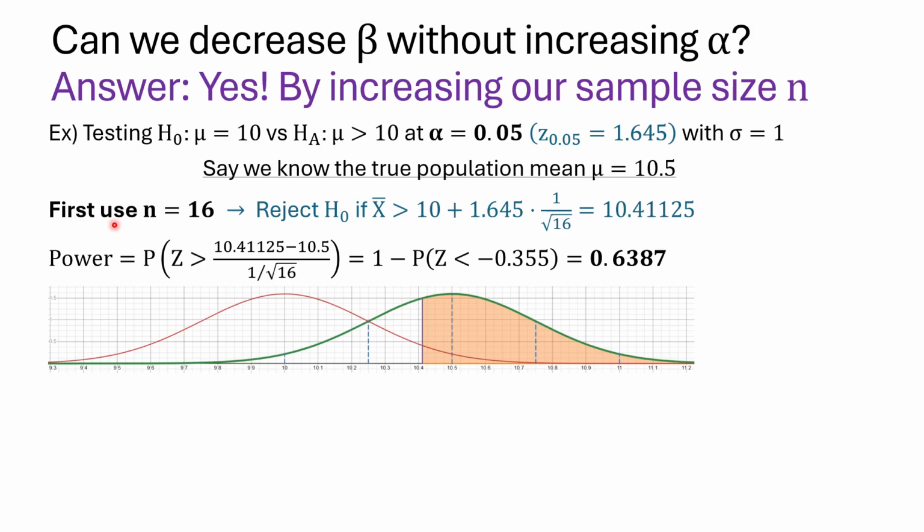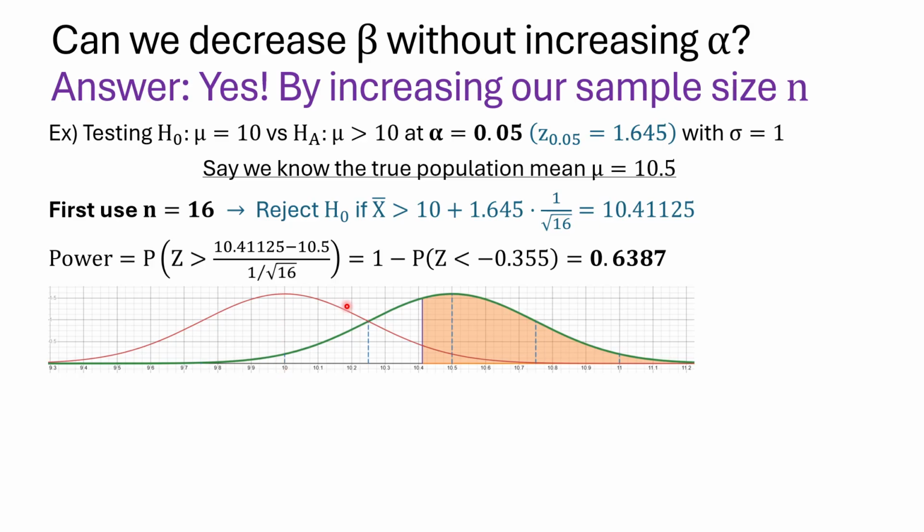First, let's try using 16 people in a sample and see how that goes. So we'll reject the null hypothesis if the sample mean is larger than 10 plus 1.645, that's z of 0.05, times standard error. So here we'll have our sample mean, the mean of the population is equal to the sample mean here.